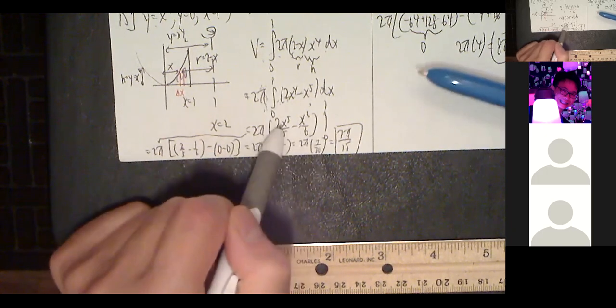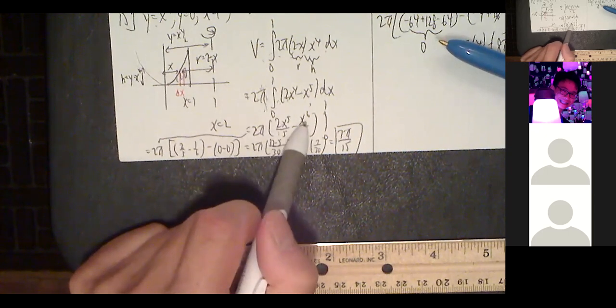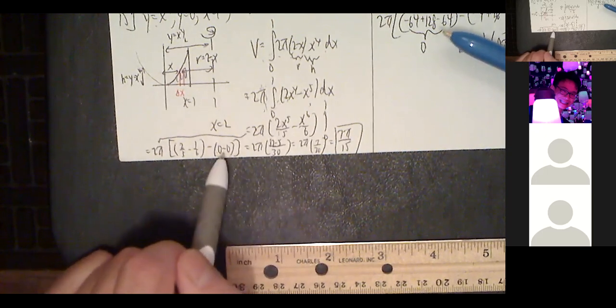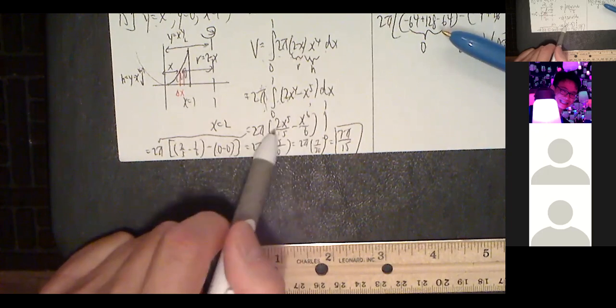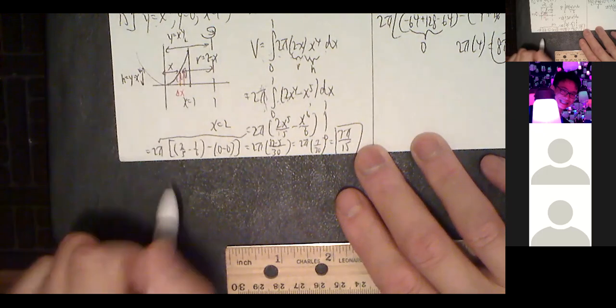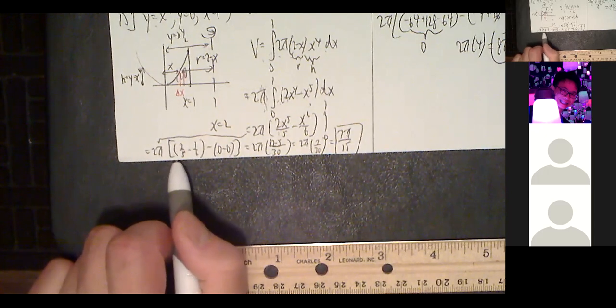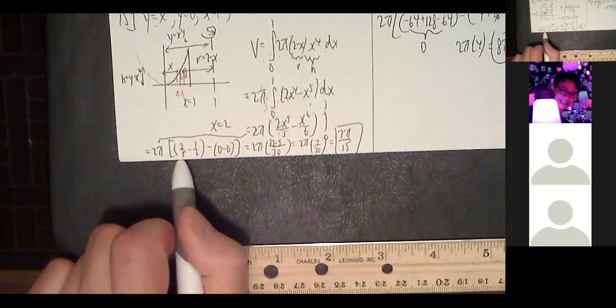Plug in 0, you know you get 0, right? So 0 minus 0. Put a 0 there, that's all 0. Put a 0 there, that's all 0. Okay, plug in 1, I get 2/5 minus 1/6. Sorry if you can't read that. That's 2/5 minus 1/6. There's a 2 pi out in front. Common denominator is 30.